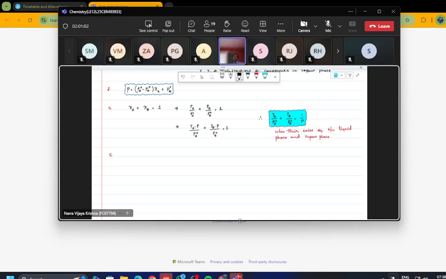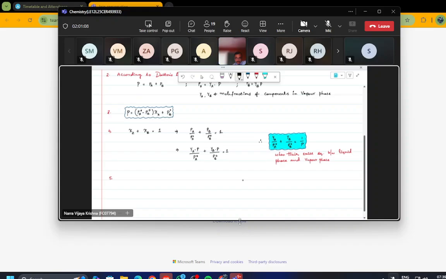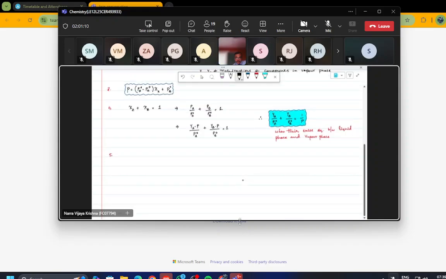Point number 5. I am taking this equation: P is equal to PA naught minus PB naught into XA plus PB naught.